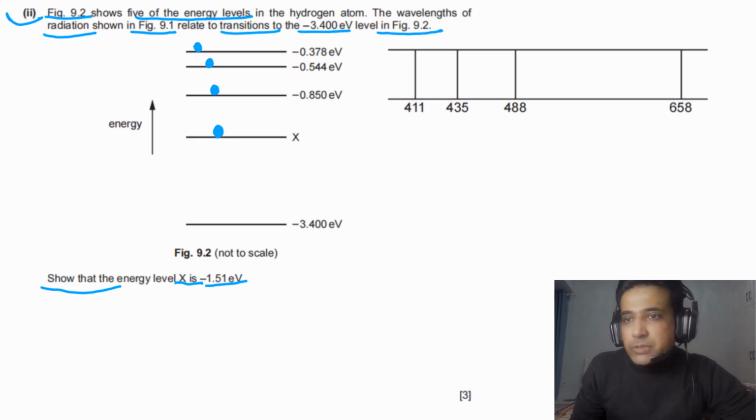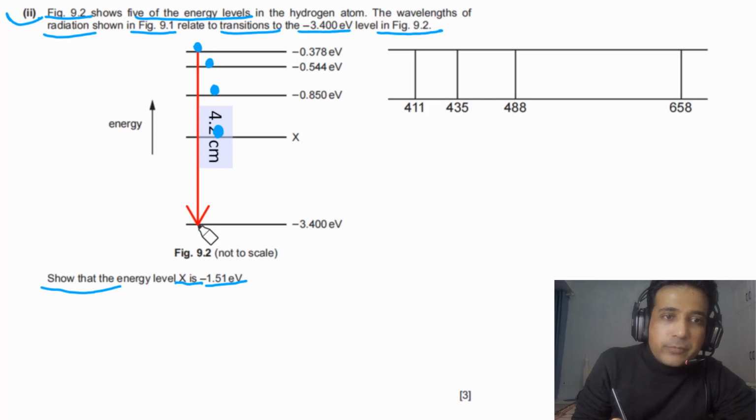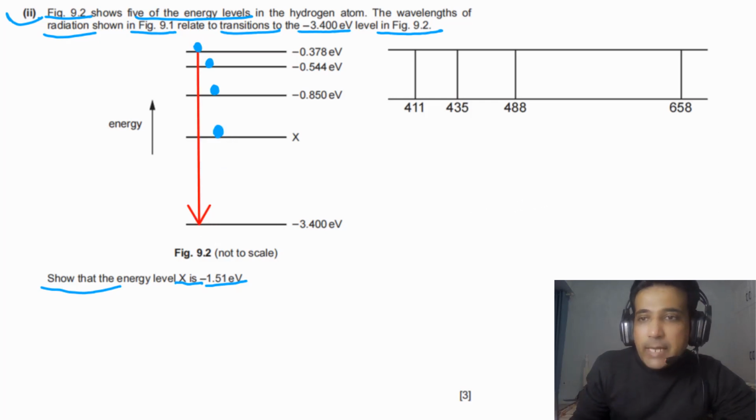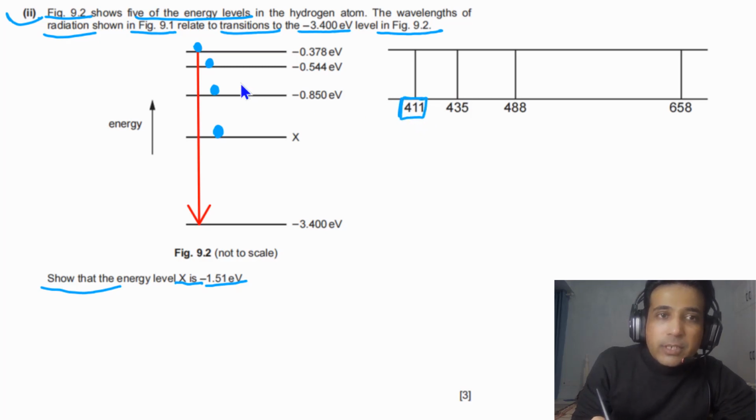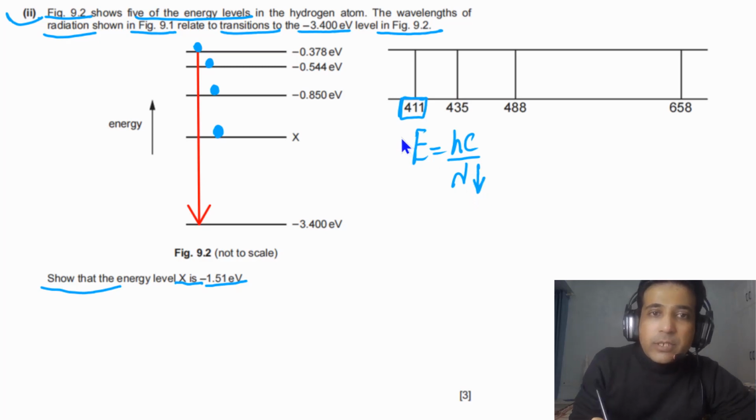Now you can see when this electron jumps from this energy level to this one, it will emit one photon, and that photon has this wavelength. Because this wavelength is the shortest, this photon has the highest energy. You can understand from E equals hc over lambda: if lambda is the shortest, energy will be the highest.